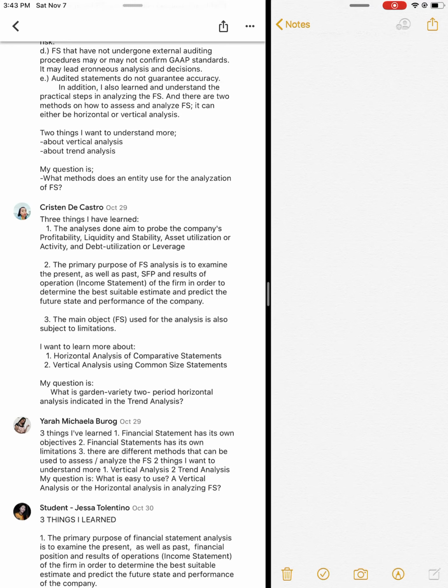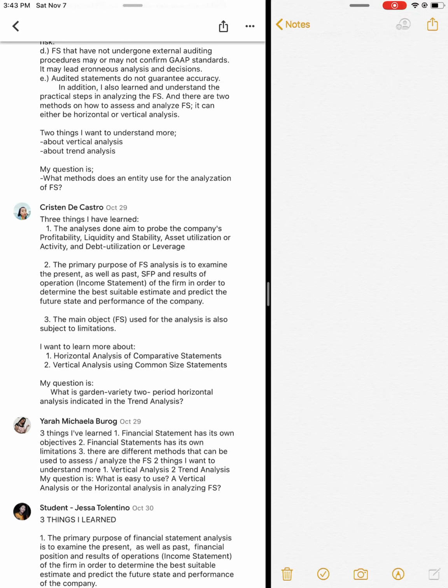Depende kasi ang gagamitin mo sa kailangan mo. So kung gusto mo lang malaman ang anong percentage ng assets mo ang cash during this period, you can use vertical analysis. But if you want to know kung gaano ang itinaas ng income mo or kung gaano tinaas ng sales mo, even if vertical analysis is easy to use, you cannot get what you want in a vertical analysis.